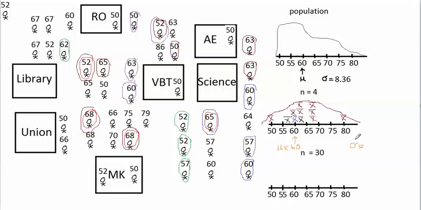And the symbol for a standard error is sigma x bar. It's the standard deviation of the x bars. And it turns out that standard error is equal to the standard deviation of the population numbers divided by the square root of the sample size.